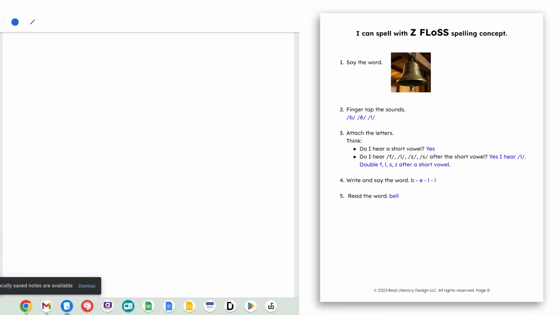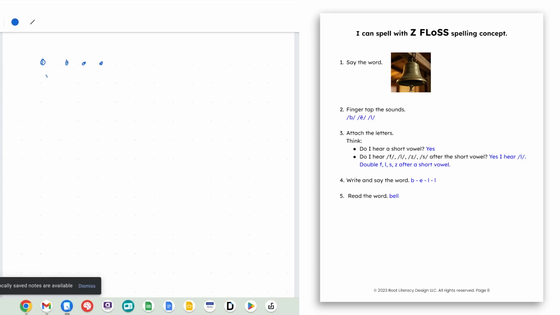Okay, so now I'm going to teach you how to spell words using the Floss rule. If the word is sniff, I would want my students to repeat the word sniff. They would tap out the sounds, so it would be s, n, i, f. Then I would attach the letters.